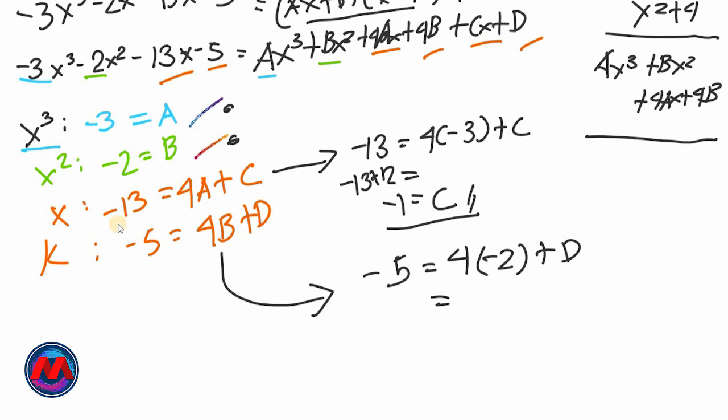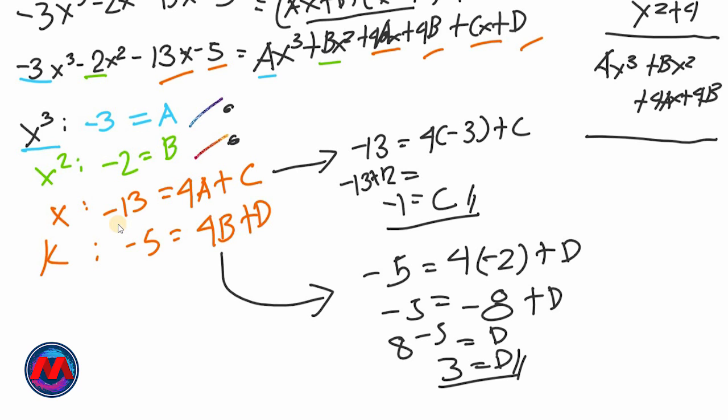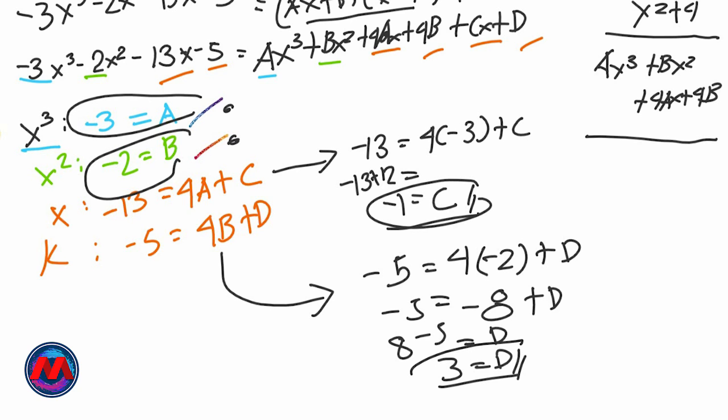So, negative 2 times 4 is negative 8 plus d. Negative 8, transpose natin sa kabila, magiging 8 minus 5 is equals to d. So, 3 is yung value ng d. So, alam na natin ang values ng a, b, c, at d.